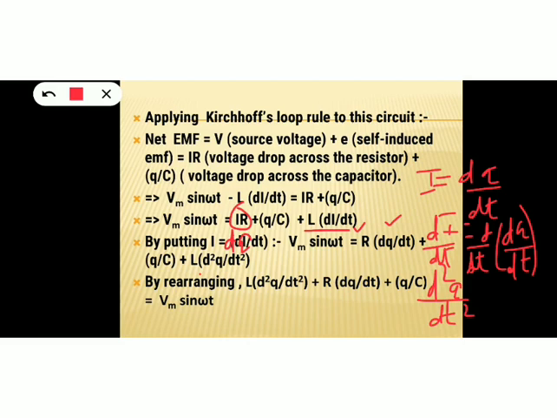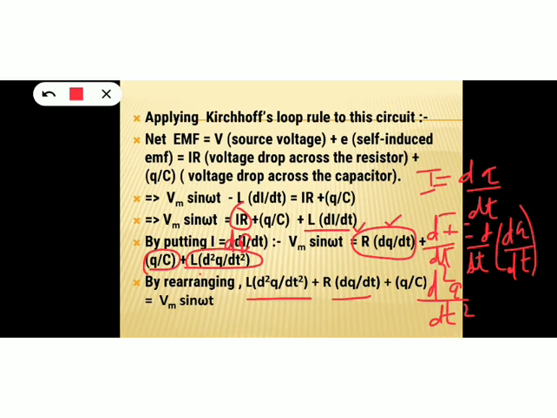Rearranging this expression, you will get L into d square q by dt square plus R into dq by dt plus Q by C is equal to Vm sin omega t. We have just rearranged the expression: we wrote this term in the beginning, then this as the second term and Q by C as the last term, equal to Vm sin omega t.